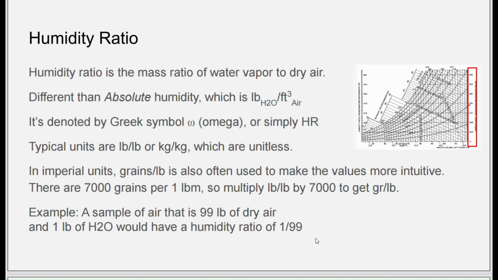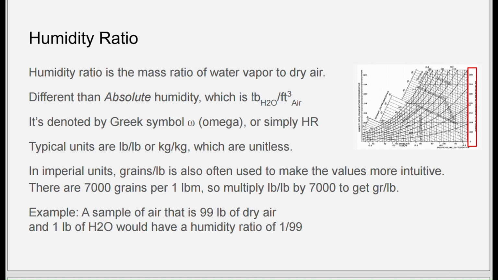Let's talk humidity ratio. It is the ratio of your pounds of moisture to pounds of dry air. It is not the ratio of mass of moisture to total mass. It is the mass of water vapor divided by the mass of dry air. It's often used interchangeably with absolute humidity, which is technically a little bit different.